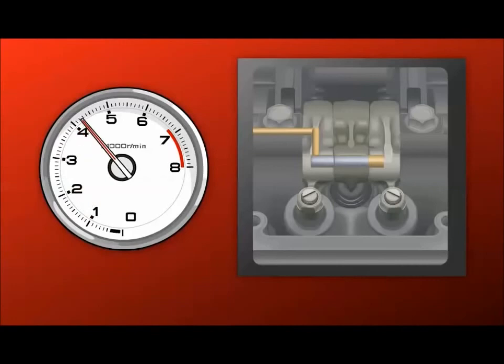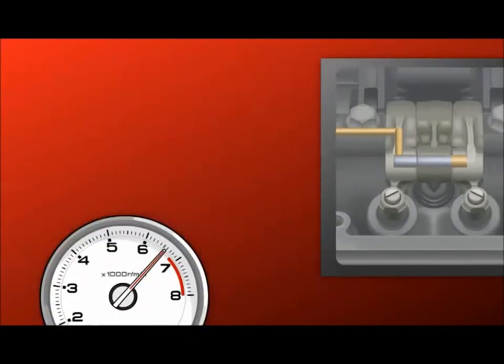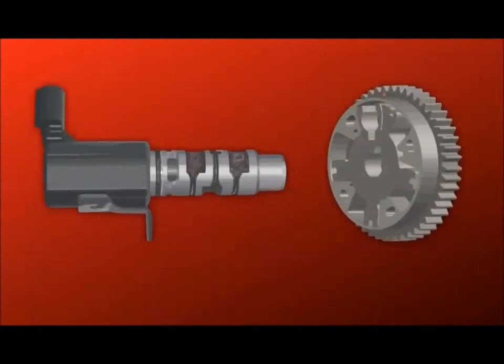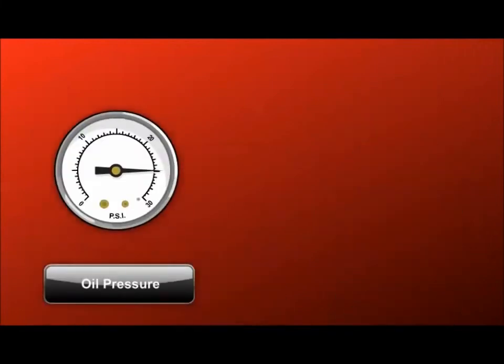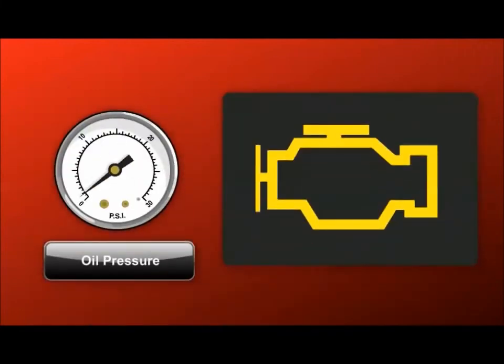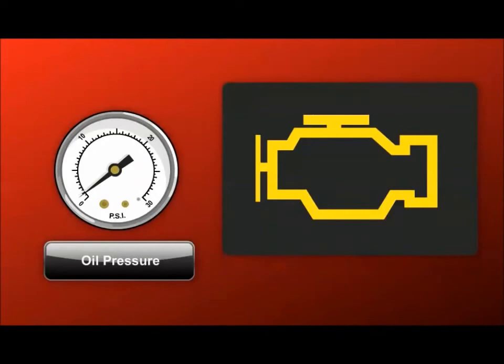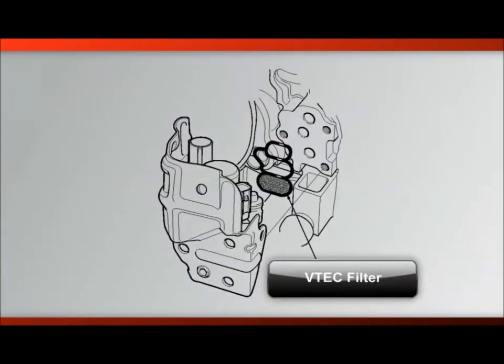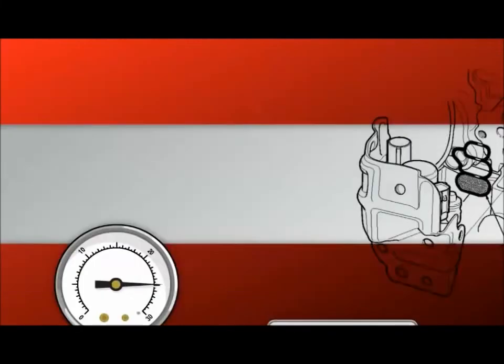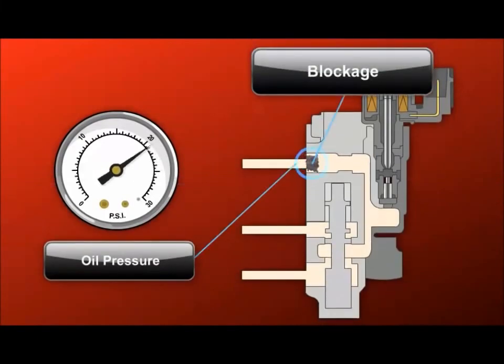Low engine oil pressure can cause VTEC engagement problems or VTC position faults. If overall oil pressure drops, these faults may cause the PCM to set a DTC. The VTC or VTEC solenoid filter screen can also illuminate the mill. Sludge or other blockages can isolate the VTEC system even when overall system pressure is good.